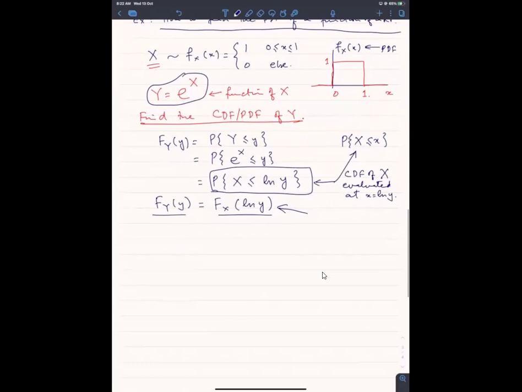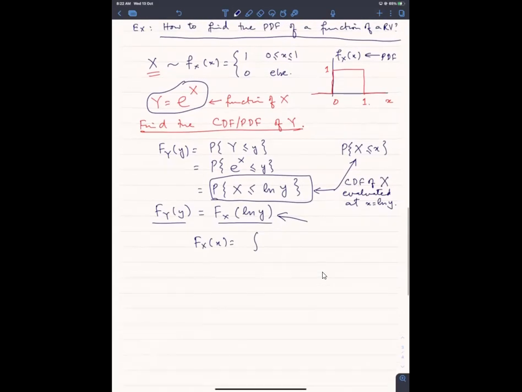What is the CDF of x? Fx(x) is equal to the integral from minus infinity to x of fx(x) dx.